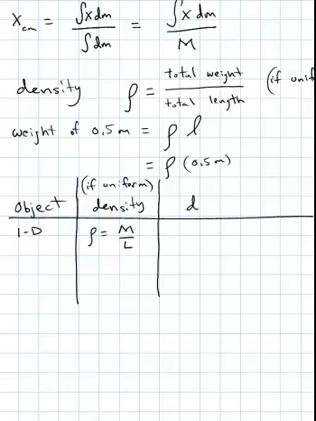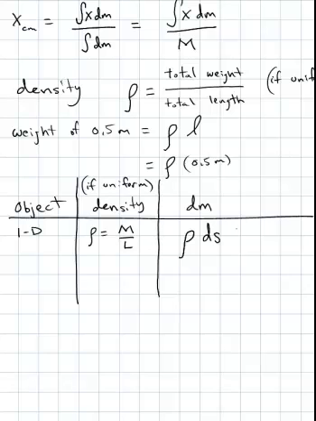And our dm is going to be the density. We want to know how much mass is in some little tiny section in the middle somewhere. So how do we do that? We multiply our density times some little tiny section of length, just like we did with the rope. And what do we use for length?